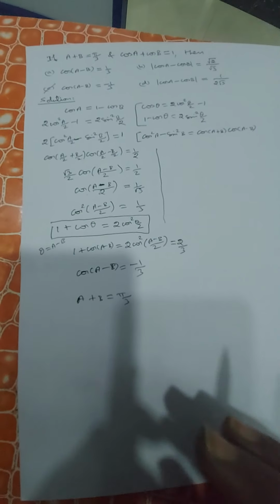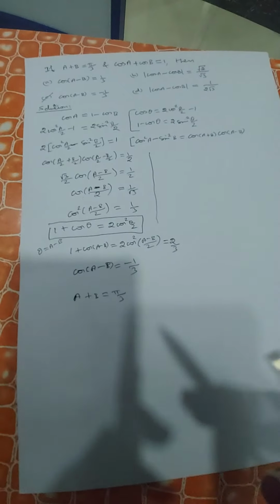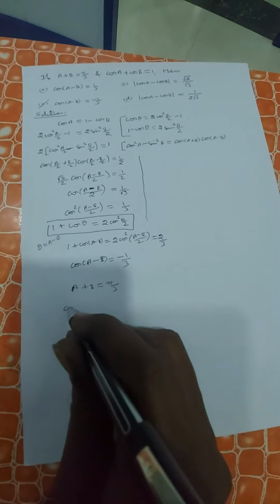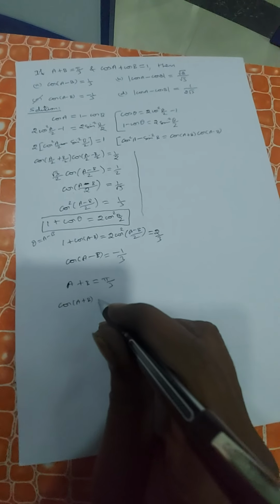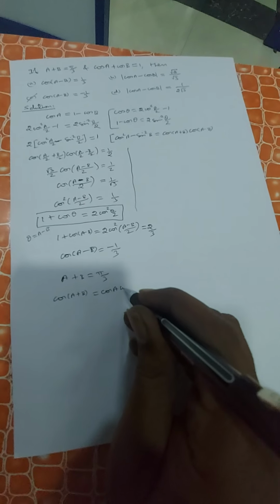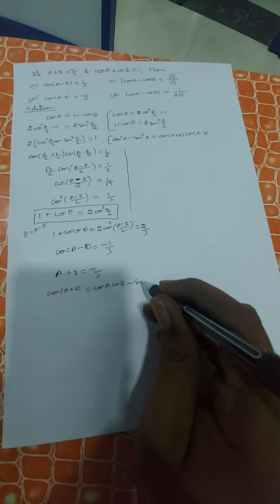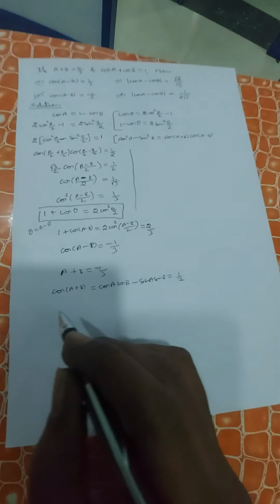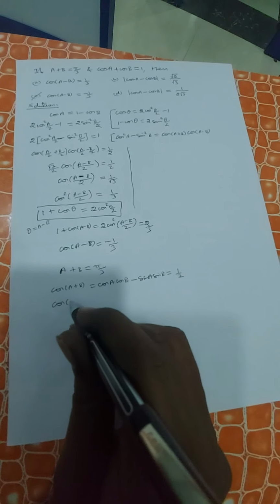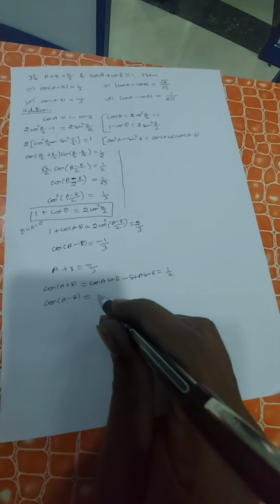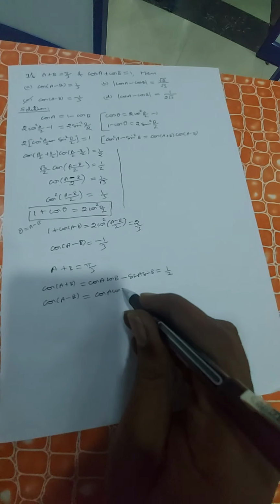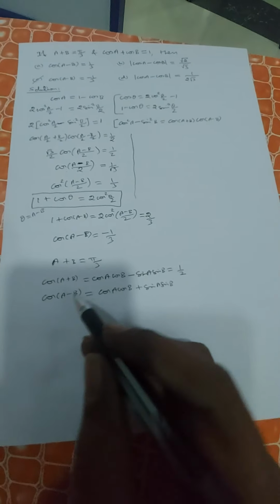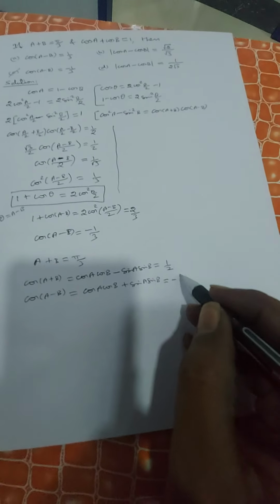Here we can find cos A plus B, and we have the value for cos A minus B. Through cos A plus B and cos A minus B, we can bring modulus of cos A minus cos B. Here cos A plus B equal to cos A cos B minus sin A sin B, and cos pi by 3 is 1 by 2. And cos A minus B equal to cos A cos B plus sin A sin B, and we have the value for cos A minus B, that is minus 1 by 3.